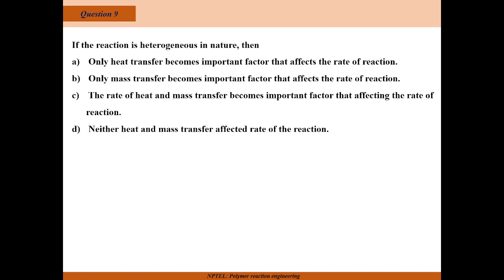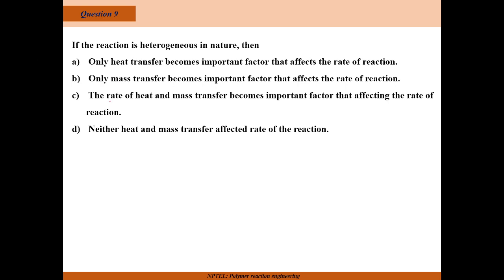If the reaction is heterogeneous in nature, then only heat transfer becomes an important factor that affects the rate of reaction. Only mass transfer becomes an important factor that affects the rate of reaction. Both the rate of heat and mass transfer become important factors that affect the rate of reaction. Neither heat nor mass transfer affects the rate of reaction. So which one is affected?